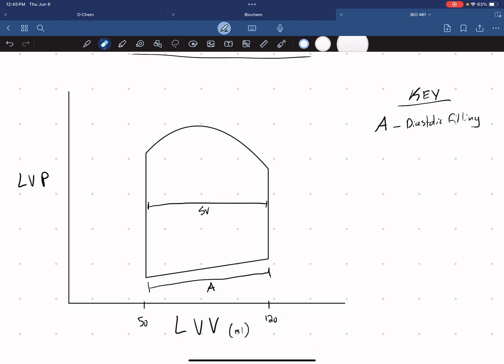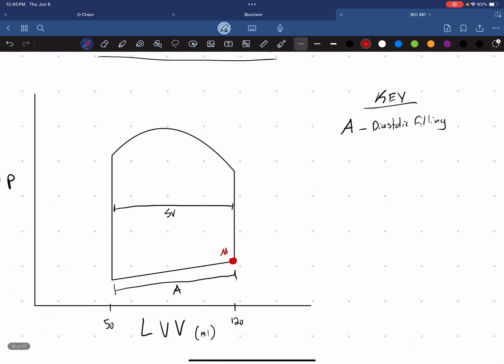Then I'll label this intersection, this change right here, M. This M will be the mitral valve closes. And if we remember, that is what happens when the ventricular pressure becomes greater than the atrial pressure, which will be what starts the contraction.